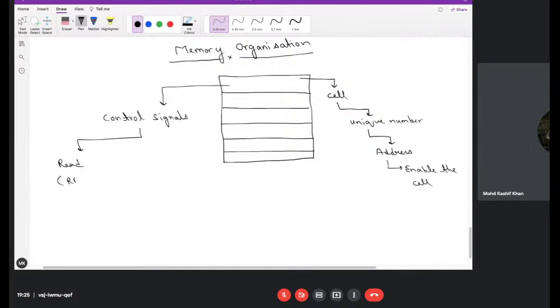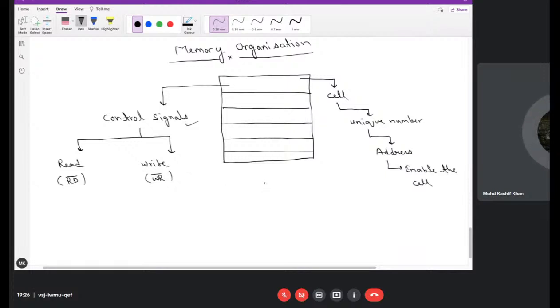So the memory organization has been completely divided into various cells. Each cell has a unique number associated with it, known as the address, and that address enables the cell. When that cell is enabled, only then can you read or write from that cell. And how to know whether you have to read or write? With the help of control signals.